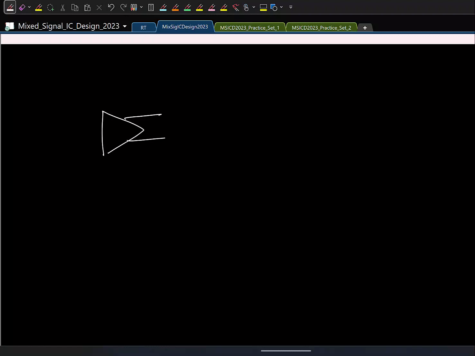So in practice, this is what is done. You always have a preamplifier in front of your strong arm latch or any latch. I mean, not always, but if you want, you can have. As I mentioned, this preamplifier helps in suppressing the offset of this guy and also in reducing the metastability. And this is always a dynamic preamplifier, could be the integrator we saw or the floating inverter structure.